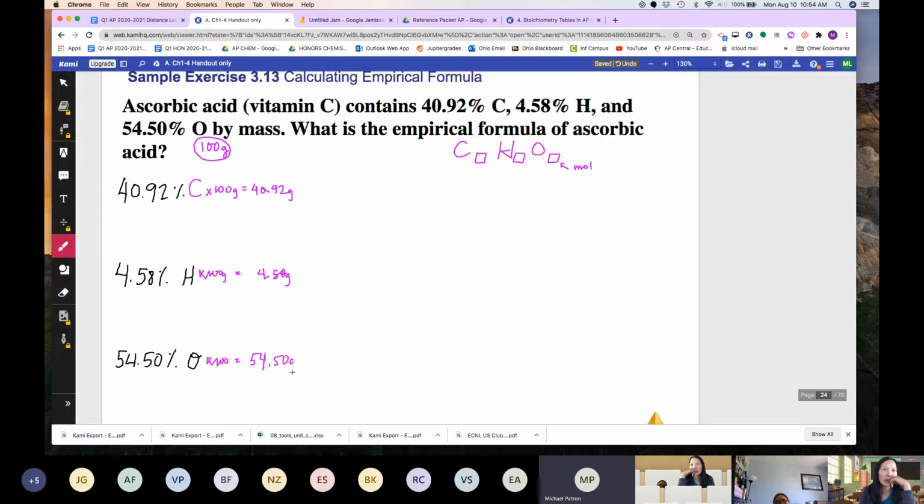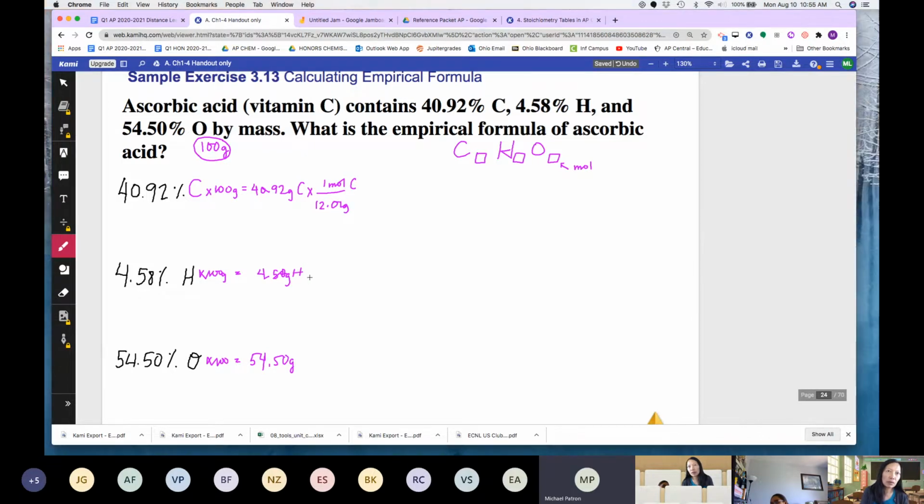Okay, everybody change all those to moles. Go ahead on your own. See if you can race me.